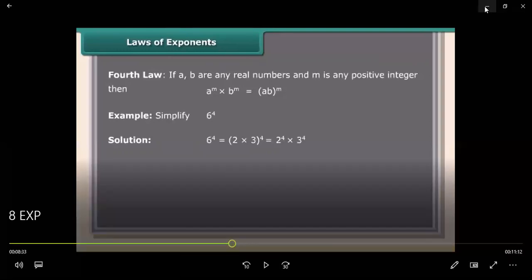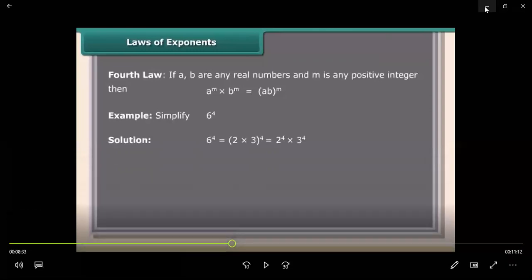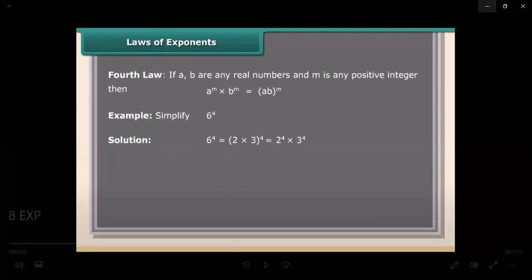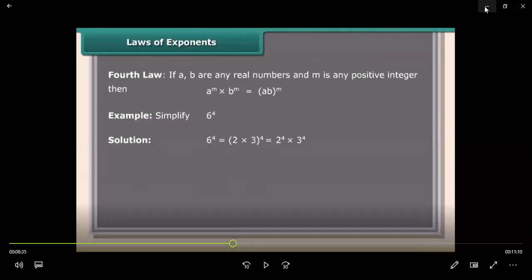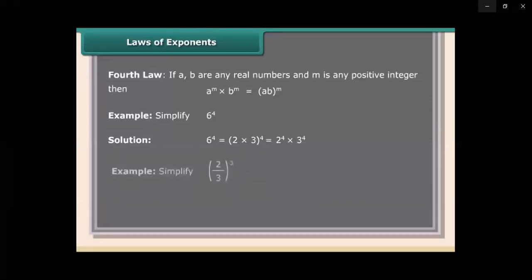So it can be written as 2 into 3 raised to the power 4. And now we can distribute the exponent separately for 2 and 3. So it can be written as 2 raised to the power 4 into 3 raised to the power 4. So if bases are different but exponents are the same, then we can combine the bases, multiply them, and the same power will be on the resulting base, that is 6 raised to the power 4.